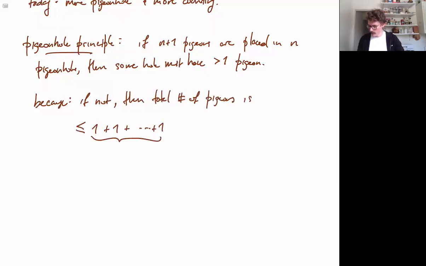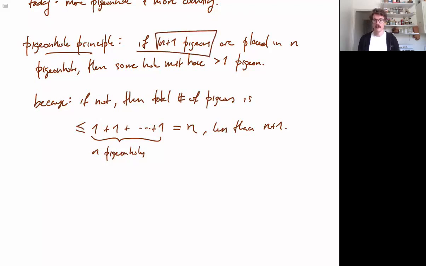So n pigeonholes, we get n pigeons total. If there's at most one in each hole, there's at most n total. And this is a contradiction, because that's less than n plus 1, which is the number of pigeons that we said we had.